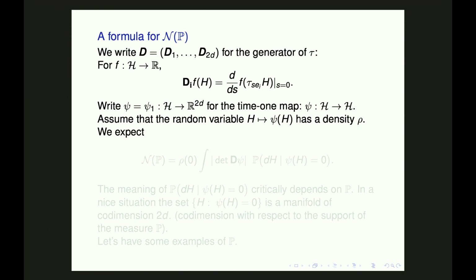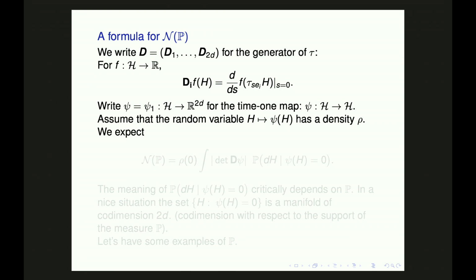This is the standard vector, the basis for Euclidean space. And then differentiate with respect to S and set S equals 0. That defines an operator. You should think of it as a directional derivative in the direction that is associated with the flow. And I use boldface for this operator, the generator of the flow. And there's a typo here, ignore this.